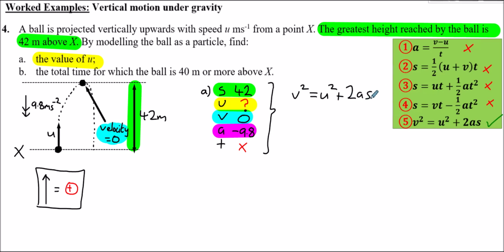Now I just plug in what we know. So v squared is 0 squared. u squared, well that's what we're wanting to find out. Then plus 2 multiplied by a. a is minus 9.8.